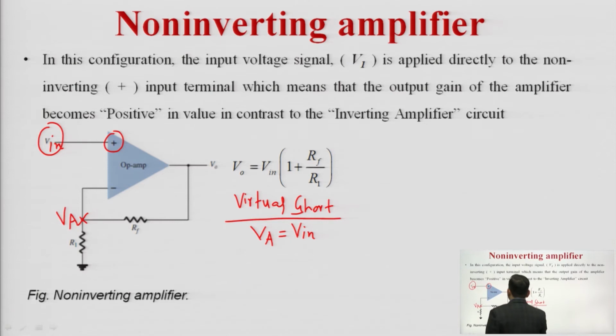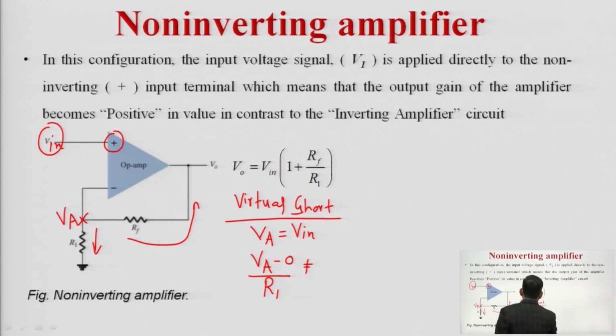If we utilize KCL at this particular node A, this is nothing but (VA minus 0) divided by R1 plus (VA minus V0) divided by RF equals 0.